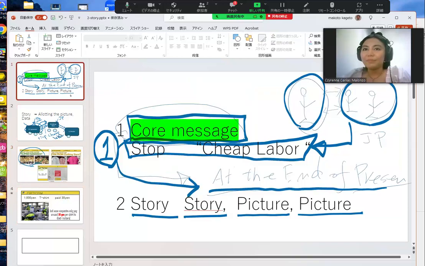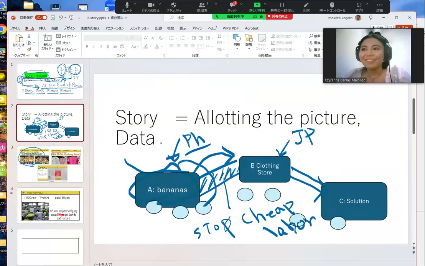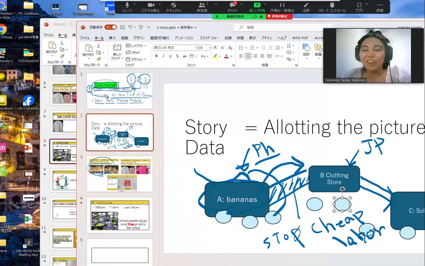First you decide the core message and make a story using the core pictures 1, 2, 3. One picture has an additional supportive picture. And the second big issue also has an additional supportive picture, right? Yes, that is exactly right.